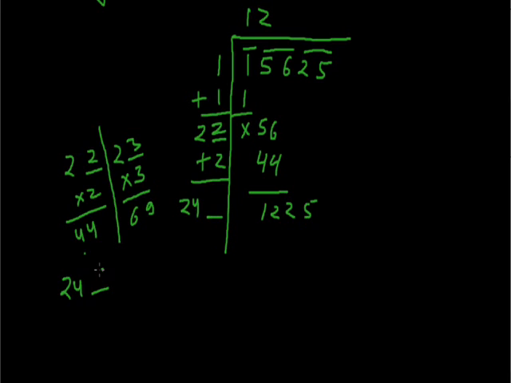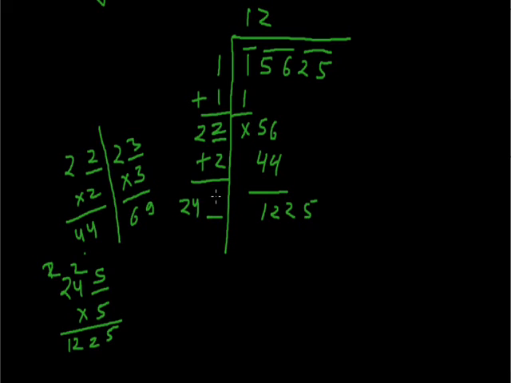Let's say if I put 5 here, because its unit digit is 5. Multiply with 5: 5 into 5 is 25, 2 carry forward, 5 into 4 is 20, 20 plus 2 is 22, 2 carry forward, 5 into 2 is 10, 10 plus 2 is 12, that is 1225.